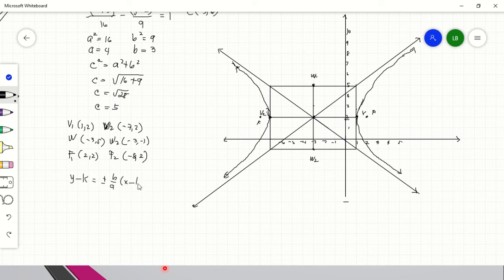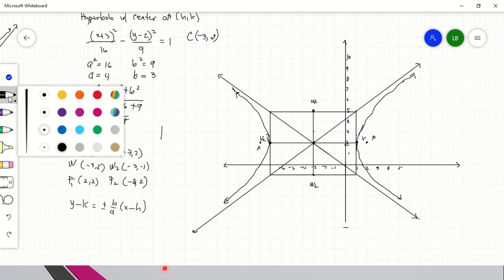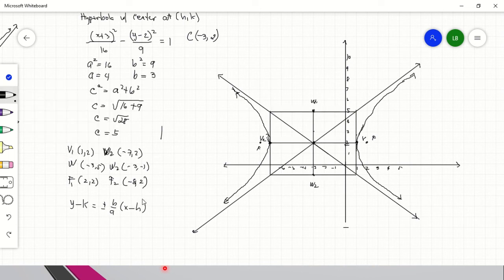So, x minus h. So, ang center natin ay negative 3, 2.